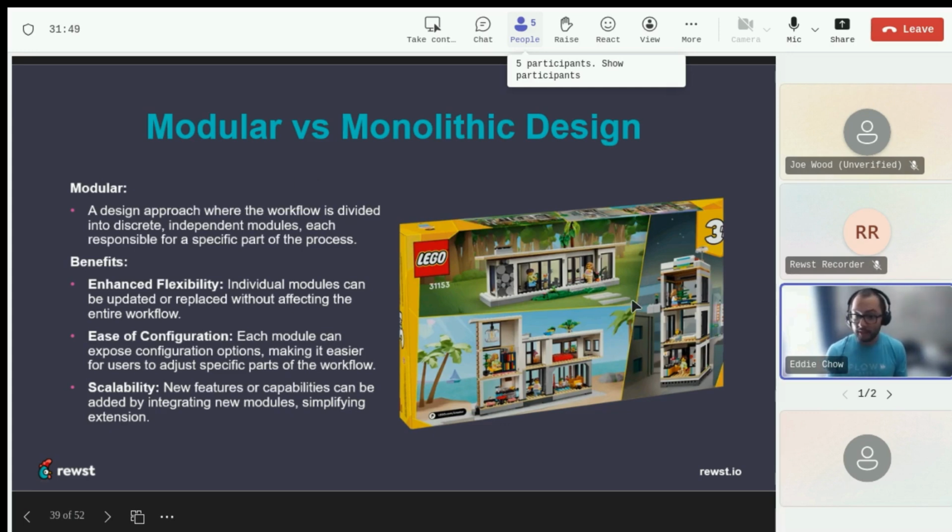Because a modular design allows for much greater flexibility. We have modules that we can use in other workflows. When we make changes to a module, a sub workflow, that change is given to any other workflow that's using the sub workflow. So we only need to make the change in one place, the sub workflow.